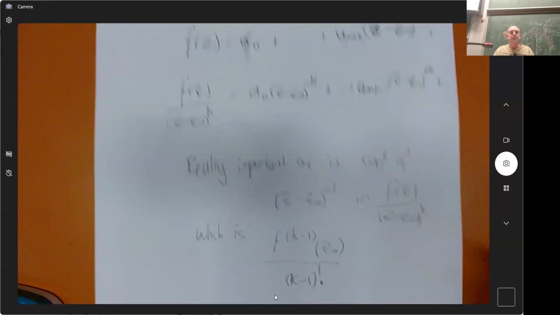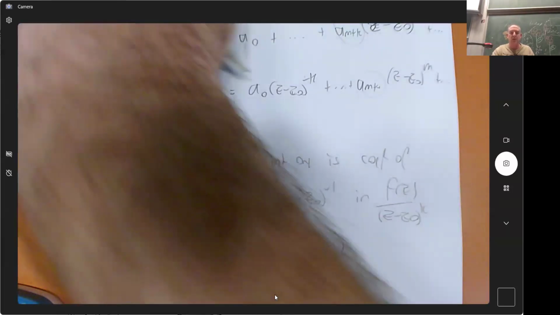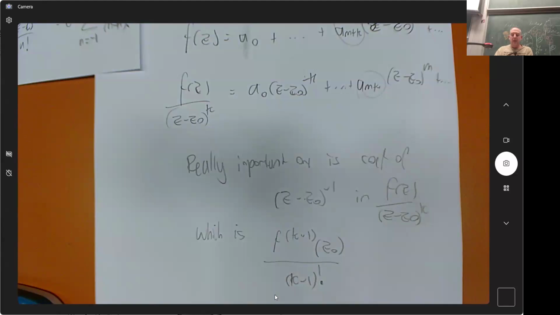Plugging n equals k minus n minus 1 into the thing above. That's a really important one, and the reason it's really important is what you asked earlier, and so we'll do that.